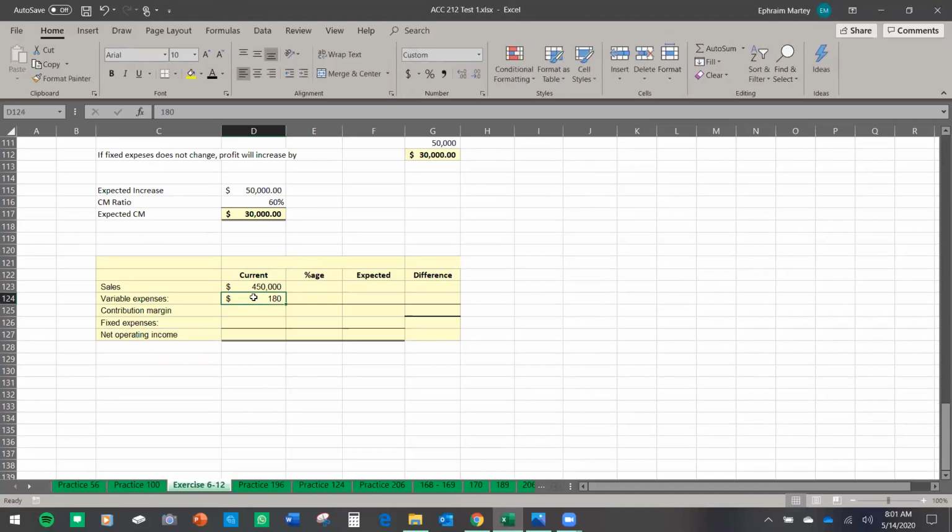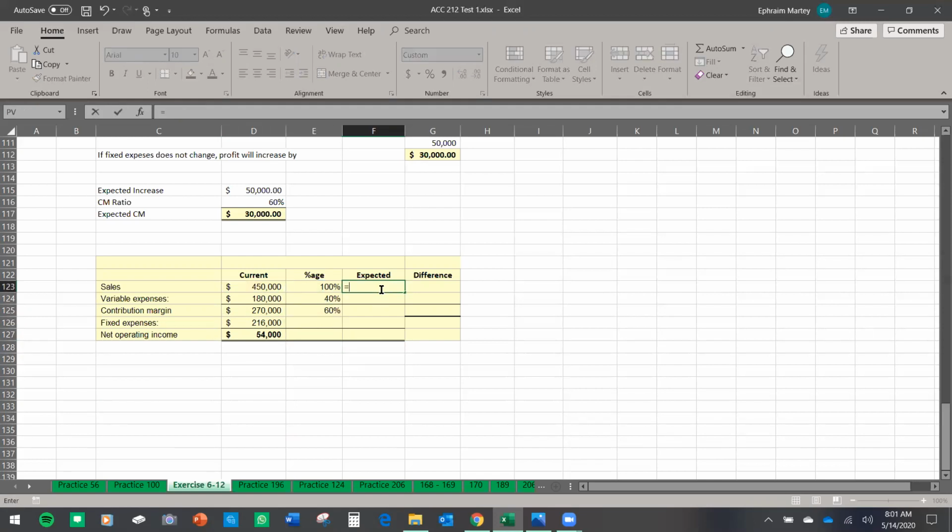And then we know our contribution margin will give us this: 270,000. Our fixed expense was 216,000. So our profit is this minus that, which gives us 54,000. Remember, sales is always 100%. What's the percentage for this? That's 40%. So that means contribution margin is automatically 60%.